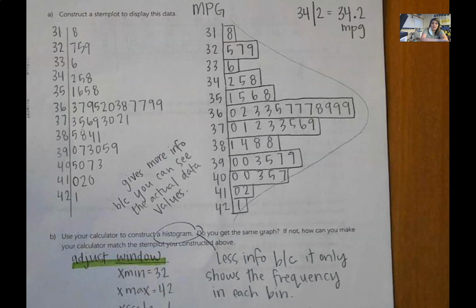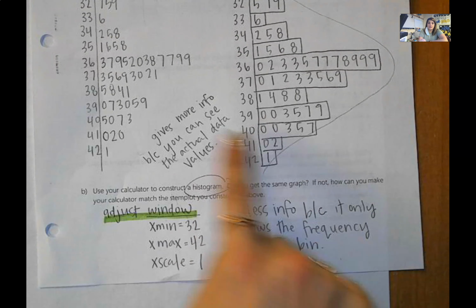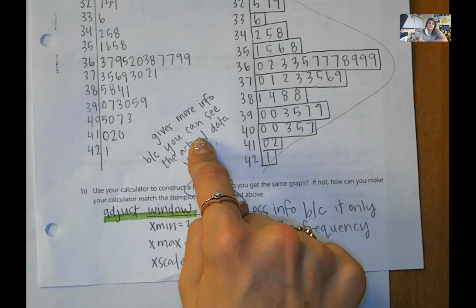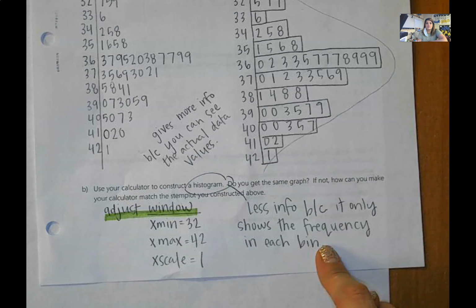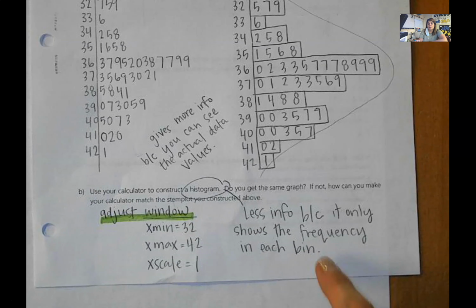So a stem plot gives you more info because you can see the actual data values. A histogram gives you less info because it only shows you the frequency in each bin. And I would definitely write those down because you do see this later on your can you do's and quizzes.